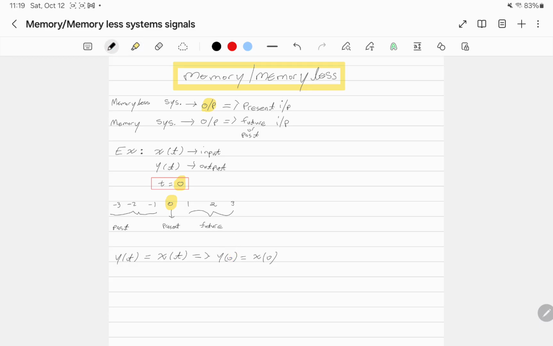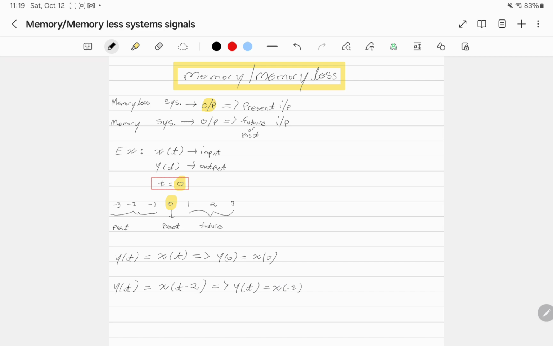Okay, so let's say we had y of t is equal to x of t minus 2. So we get y of t is equal to x of minus 2.